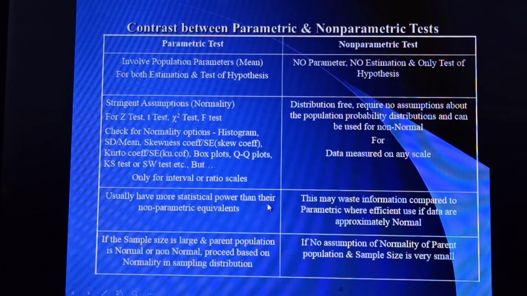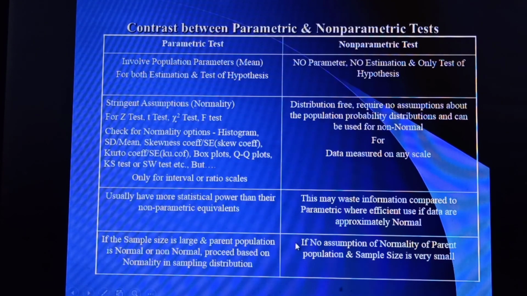Non-parametric tests in that case may waste information compared to parametric, which makes efficient use of data if they are approximately normal. Finally, if the sample size is large, even for non-normal data, according to the central limit theorem, we proceed based on normality in the sampling distribution.